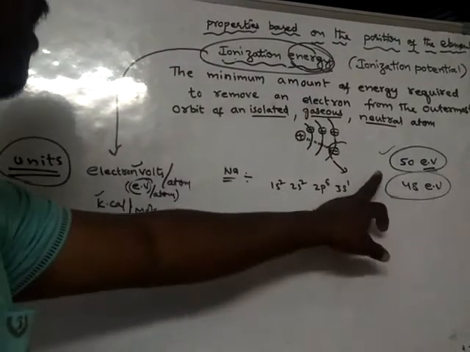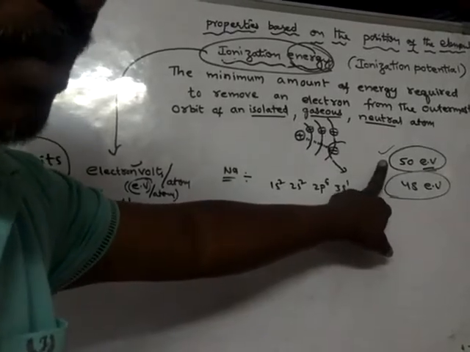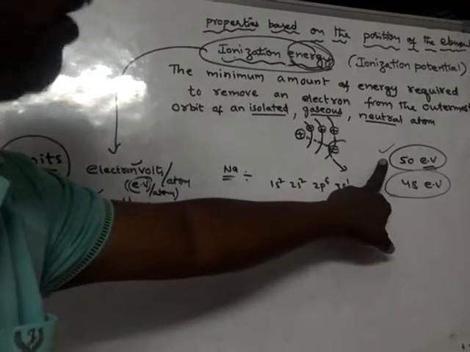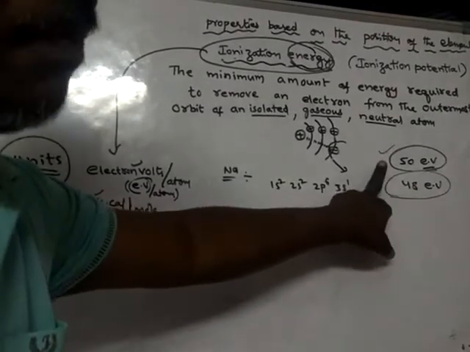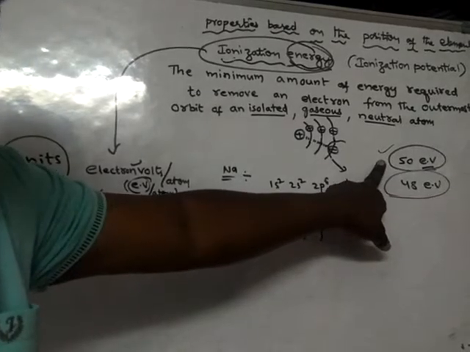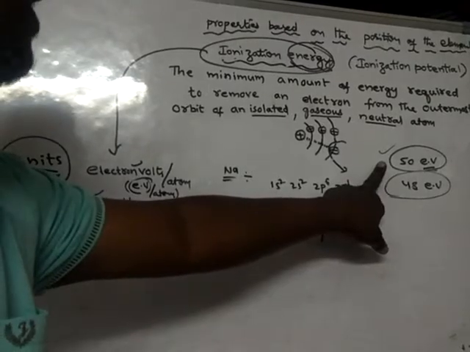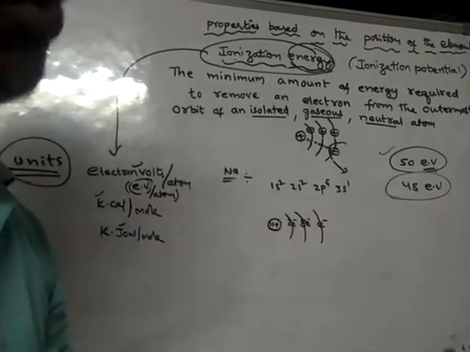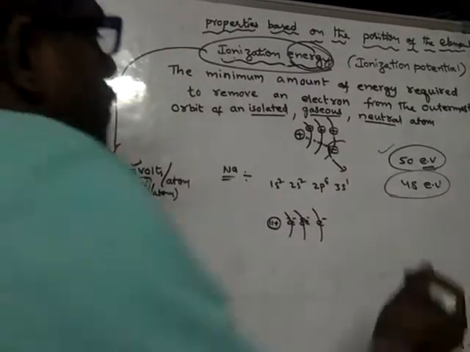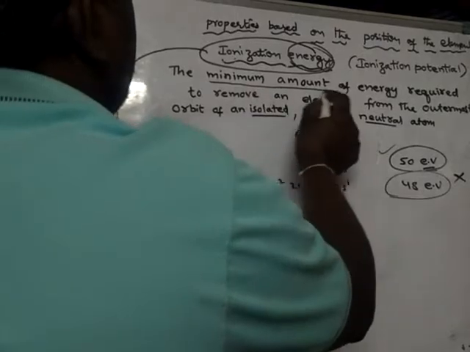So that means only if I spend 50 or more electron volts of energy, only then can I remove that electron. That means this is the minimum amount of energy one must spend to take out an electron from an atom. If I spend 48 units, I cannot remove that electron from that atom. Did you understand? So that is why in the definition you have to mention the minimum amount of energy.